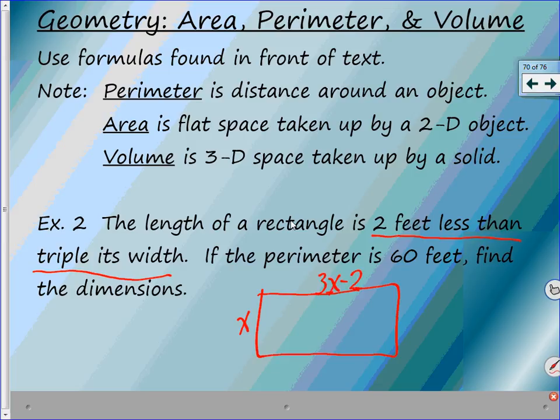Okay, that's perfect. So the than, you say the than, it puts the 2 feet less in the back. So you do the triple its width first. So triple its width is 3x.